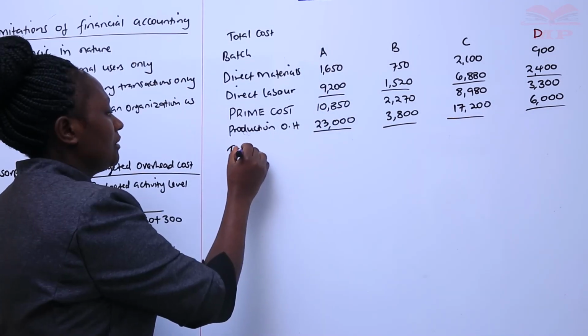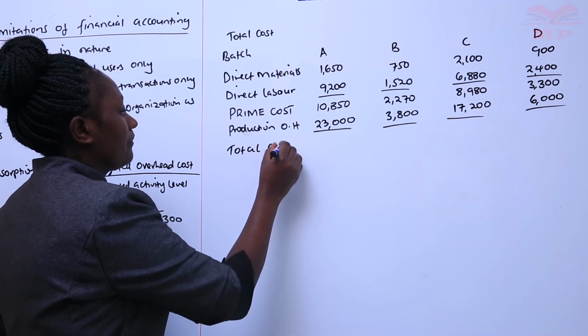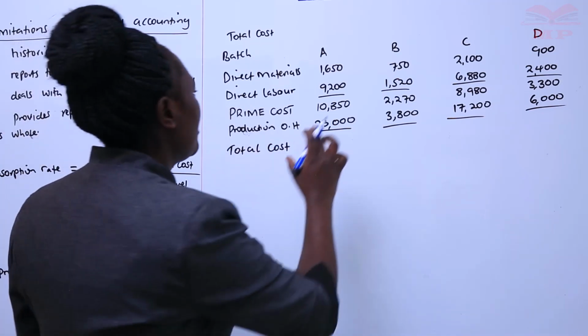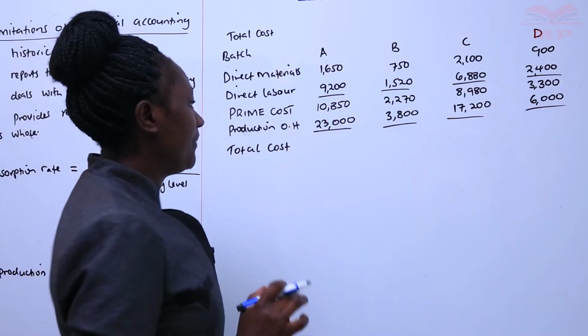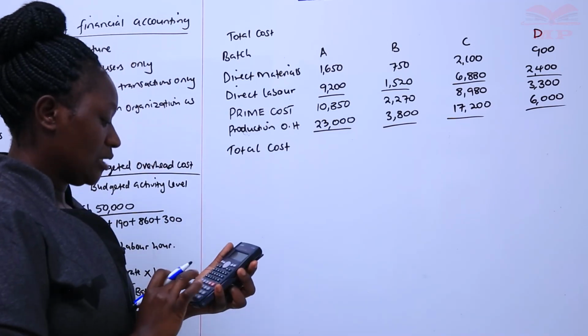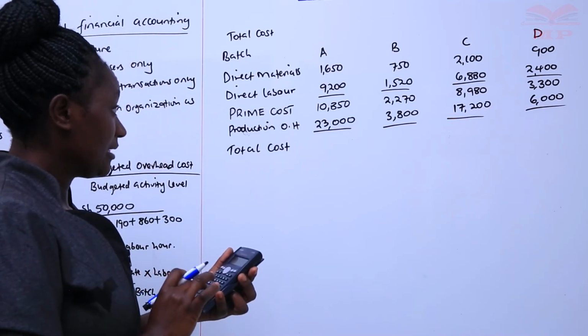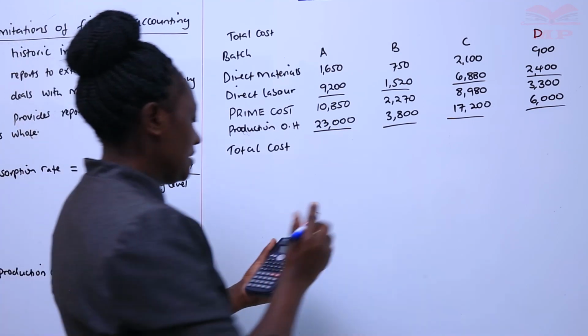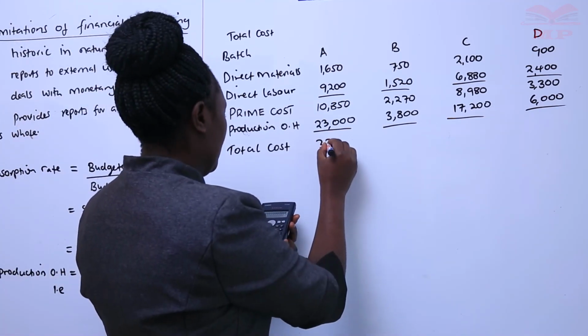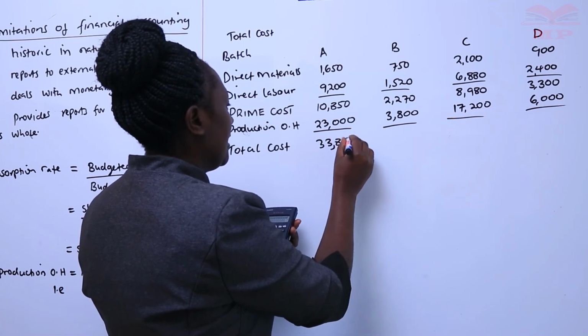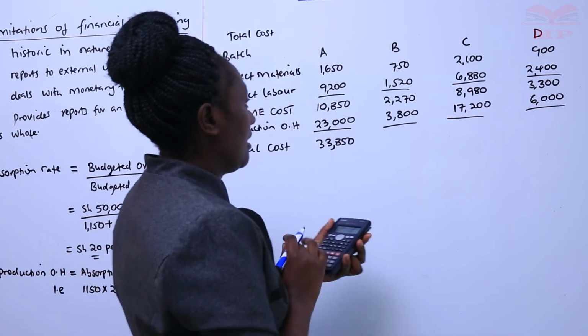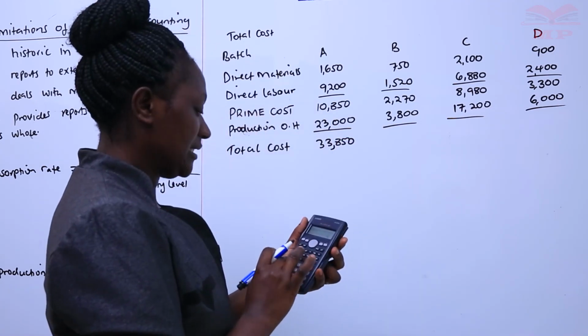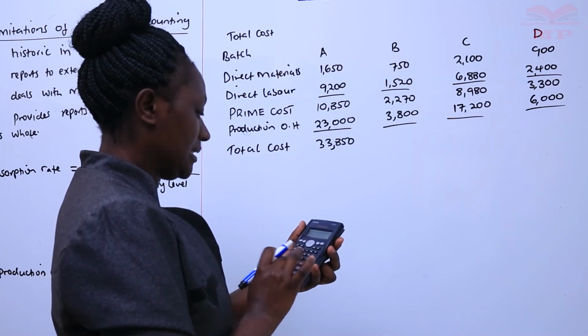The total cost will be equal to prime cost plus production overheads. For batch A, it is 10,850 plus 23,000. This will give 33,850. Batch B is 2,270 plus 3,800.